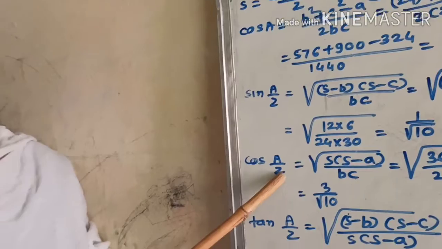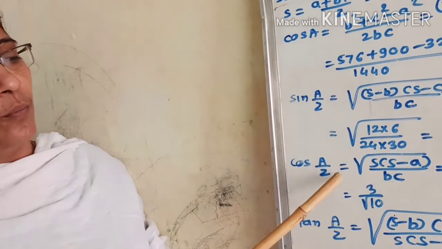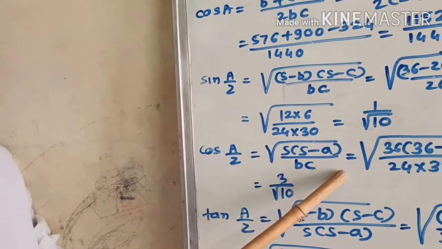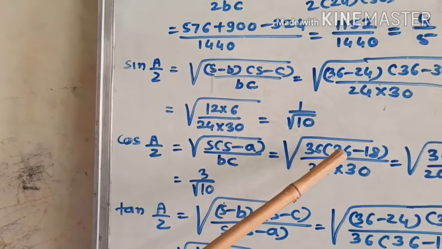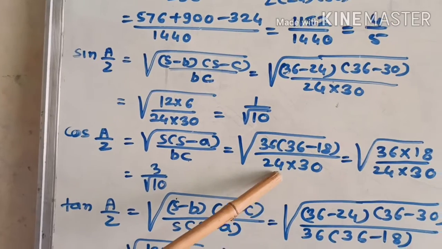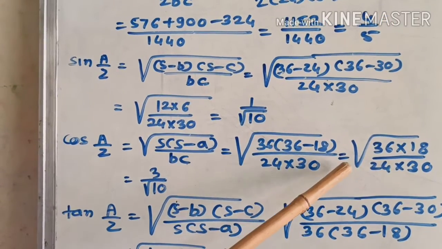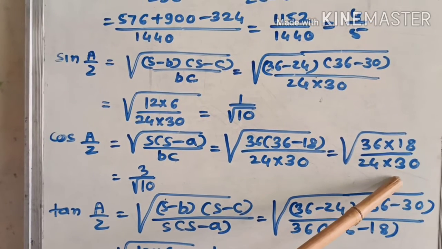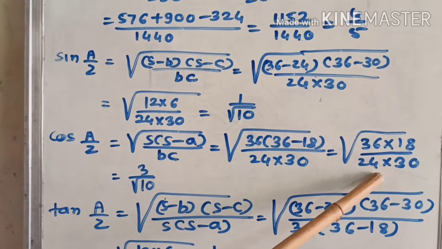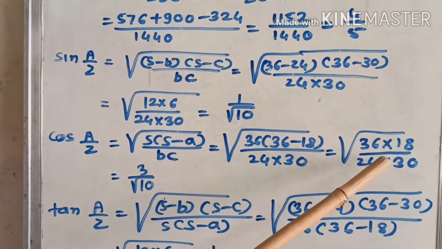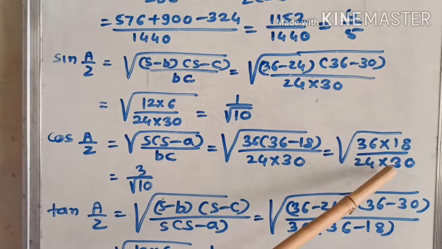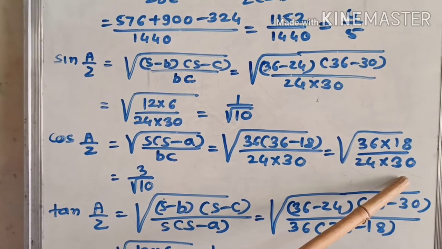Similarly, the value of cos A by 2. What is the formula for cos A by 2? Under root s into (s minus a) upon bc, which is equal to under root 36 into (36 minus 18) upon 24 into 30. Again here divide by 6, 6 6s are 36, 6 5s are 30.